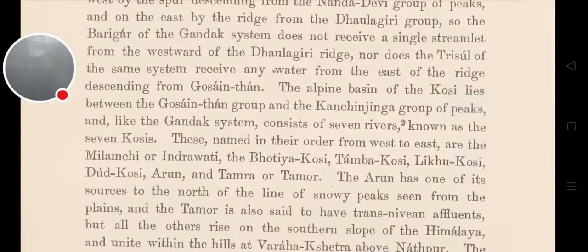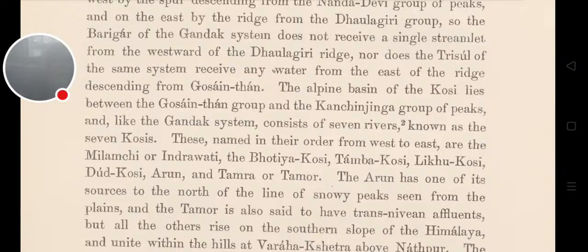The alpine basin of the Kosi lies between the Gosain Than group and the Kanchenjunga group of peaks, and like the Gandak system, consists of 7 rivers known as the 7 Kosis. These, named in their order from west to east, are the Milamchi or Indravati, the Bhotia Kosi, Tamba Kosi, Likhu Kosi, Dudh Kosi, Arun, and Tamra or Tamor.